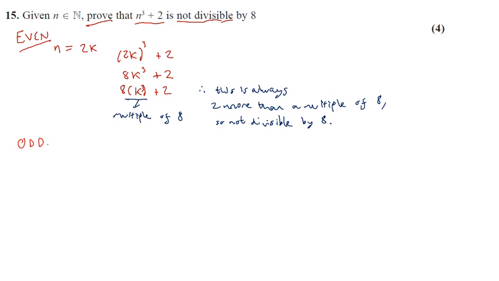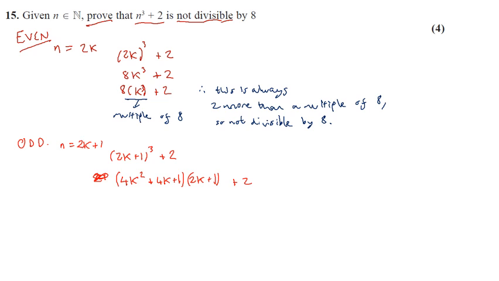So for an odd number, I would probably use n equals 2k plus 1. That's definitely going to be odd. And then we would do (2k plus 1) cubed plus 2. You can do that expanding in various ways, but I could do (4k squared plus 4k plus 1) times (2k plus 1) plus 2.